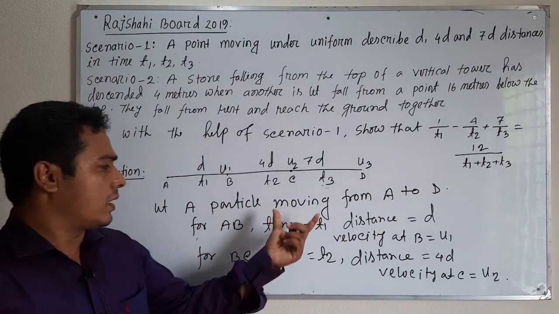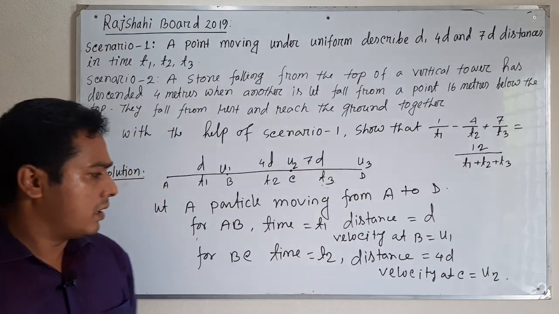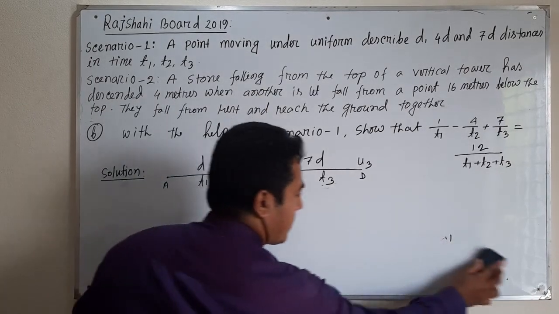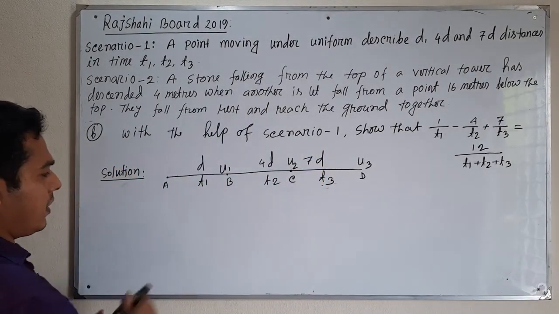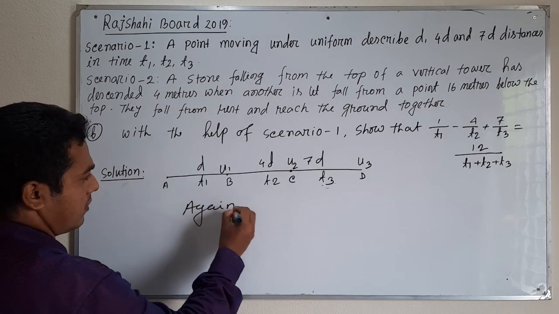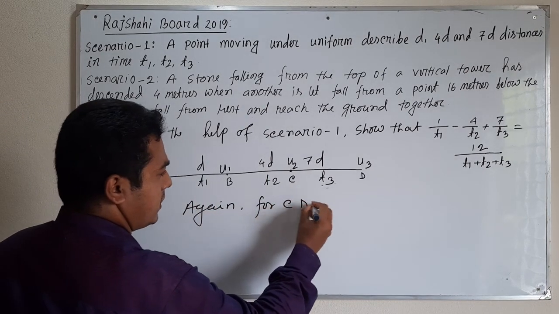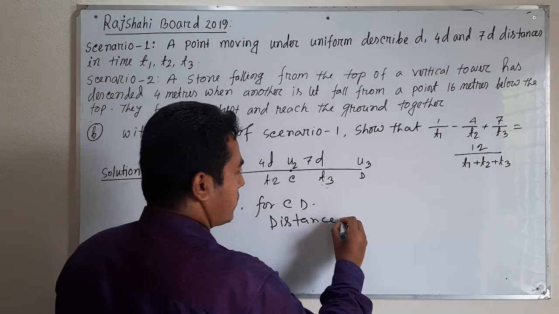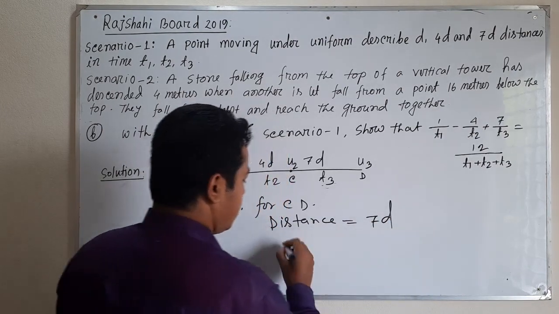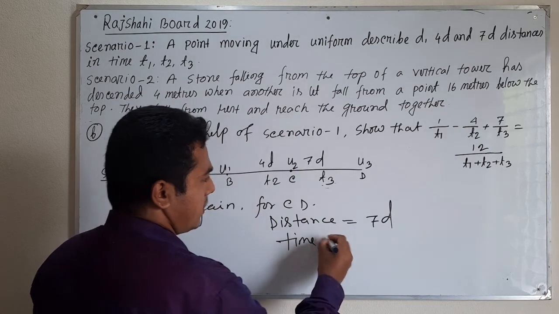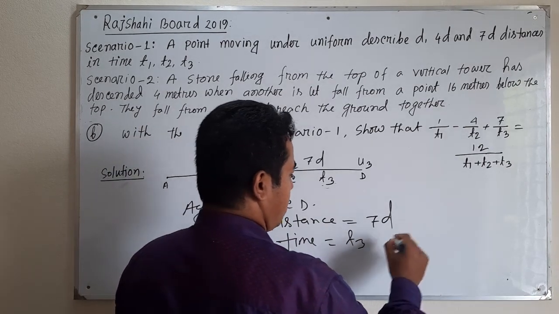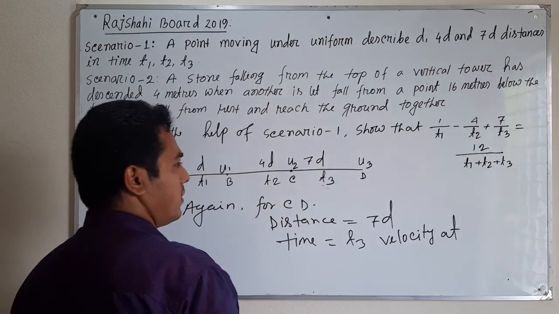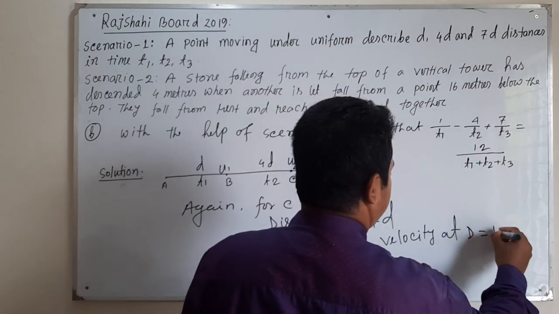Again for CD, distance is equal to 7D, time is equal to T3, velocity at D is equal to U3.